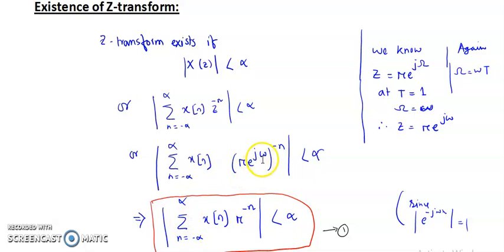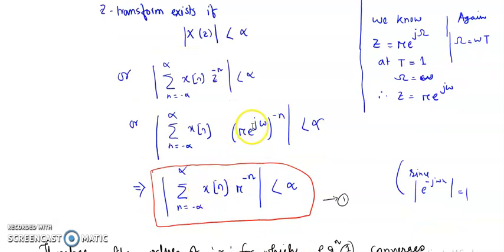This omega is different from the earlier omega; we are getting this omega by putting nT equal to 1. Then we can say that this e to the power minus j omega n, its magnitude will be 1, because we know that e to the power j theta is equal to cos theta plus j sin theta. So its magnitude will ultimately be cos square theta plus sin square theta, which is equal to 1. That's why this term is made equal to 1, and we are getting this expression.